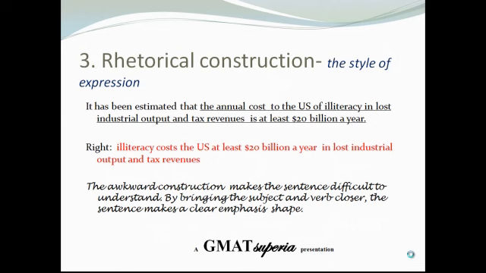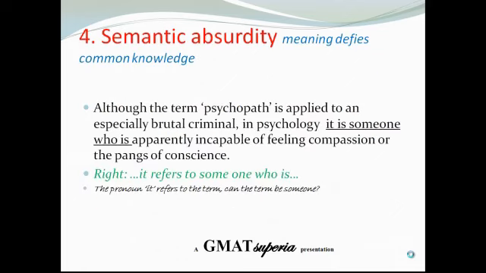So, if you were to replace this underlined part by the right construction as given here, that illiteracy costs the US at least 20 billion a year in lost industrial output and tax revenues. This makes it much more persuasive in terms of conveying the issue that has been discussed, that is the cost of illiteracy to the US.